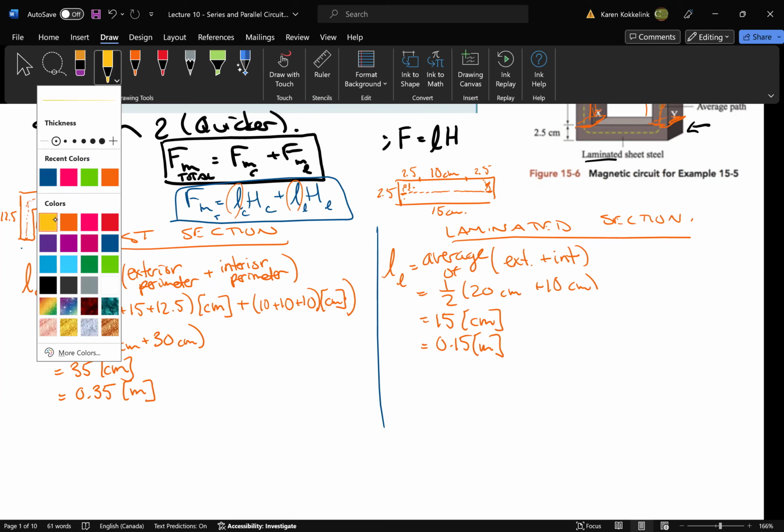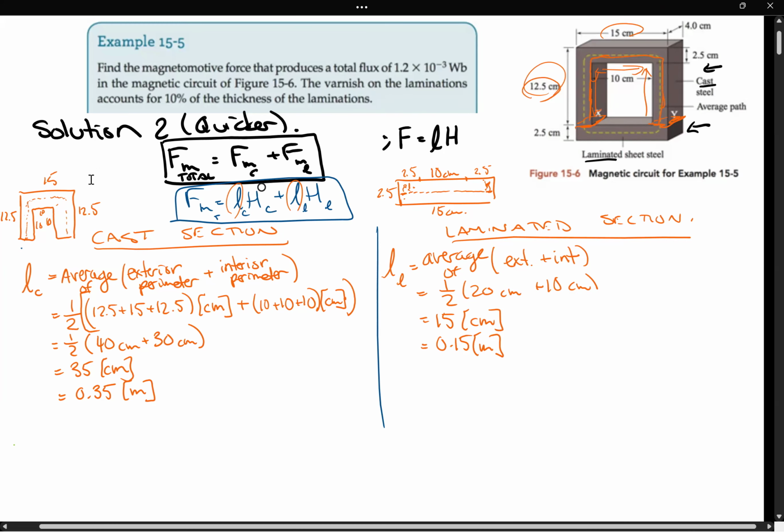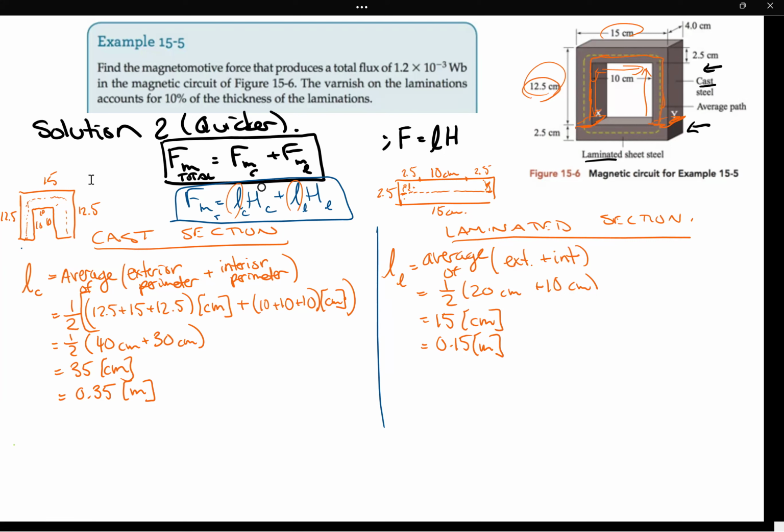And H only really exists for us in one way, and that's if we know the permeability. So find H of the cast section, find H of the laminated section. Well, we know that the permeability of the cast section is going to be the flux density of the cast section over H of the cast.